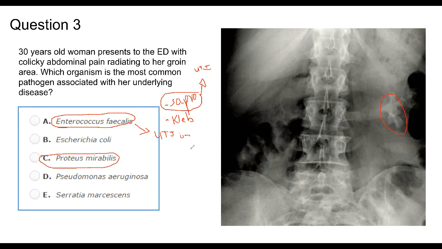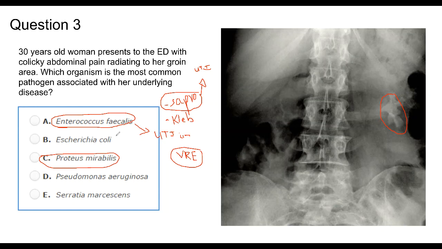Have you seen anyone in Vietnam have VRE? Remember VRE? Vancomycin resistant Enterococcus. That's the reason they call it vancomycin resistant, because it's a very resistant bacteria. So that's why you see UTI with resistant drugs. So remember Enterococcus, remember VRE.